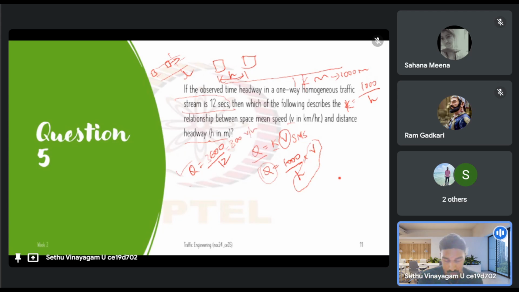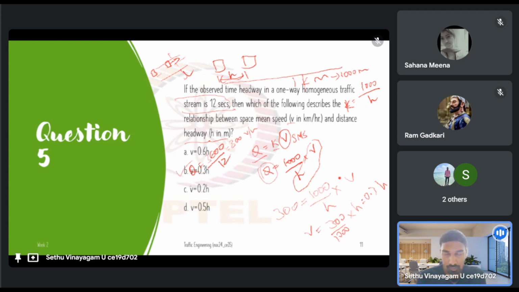So we know that unknown as well. We substitute Q as 300. So 300 is equal to 1000 by h into V. Therefore V is equal to 300 h by 1000, which is equal to 0.3 h. Okay, so that's how we got the right answer.